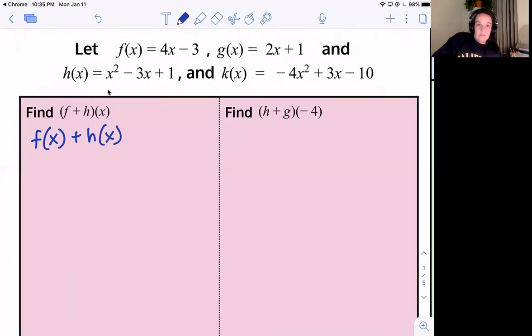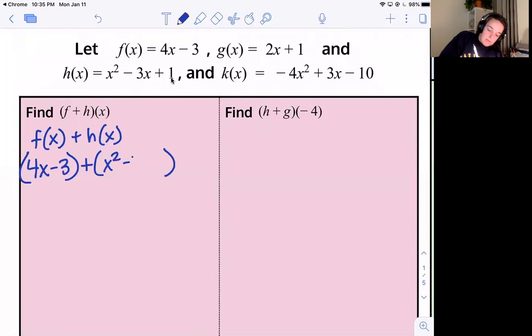I'm going to get the f of x equation, which I see is 4x minus 3. And I'm going to add it to the h equation, which I see is x squared minus 3x plus 1. I want to add these things together, and as I know when I'm adding, I need to use like terms.